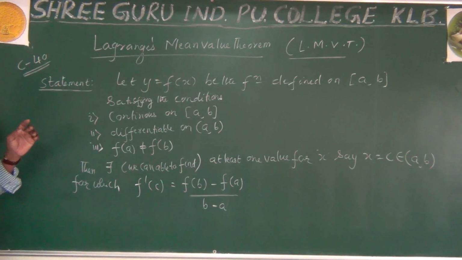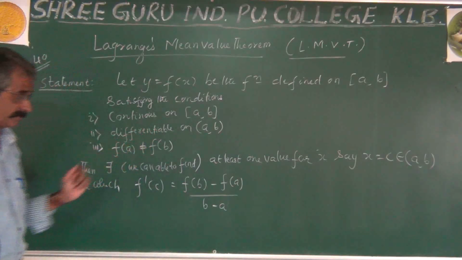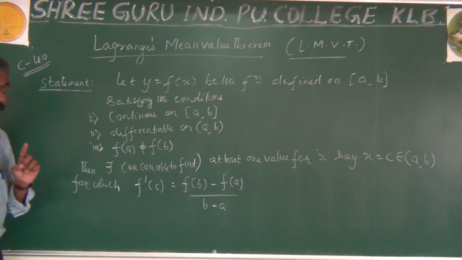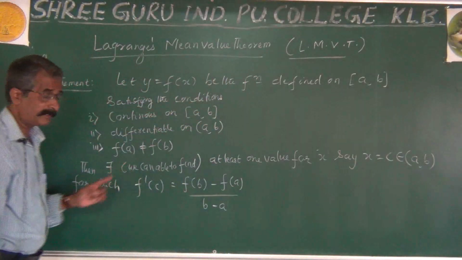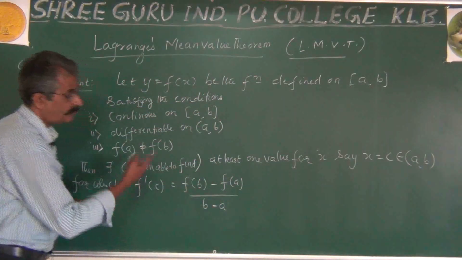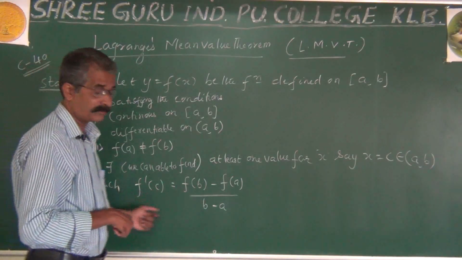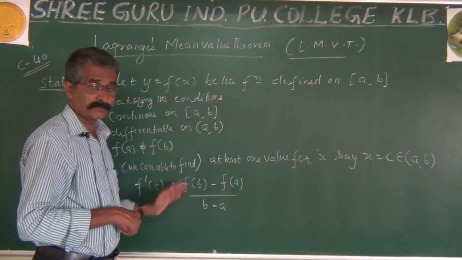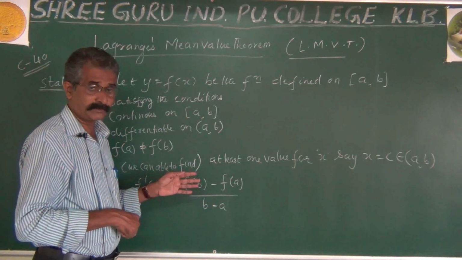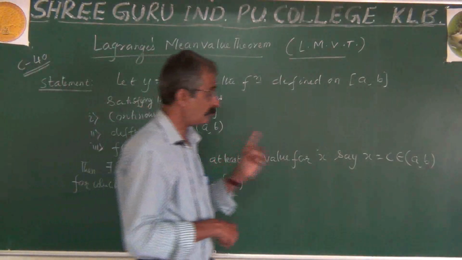That means Lagrange's theorem says that if any function satisfies these three conditions, we can get a minimum of one value of x, that is c, and to find that c, this kind of equation is to be taken. The equation contains f dash of c as well as the f of a value and f of b value, and all this mathematical expression is to be satisfied to get the c value.